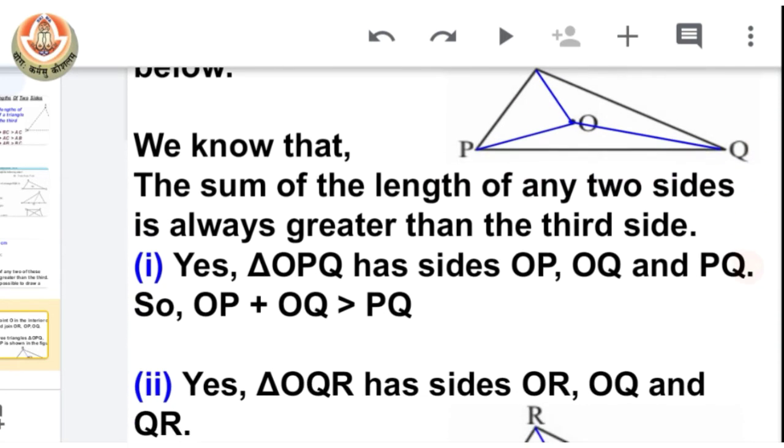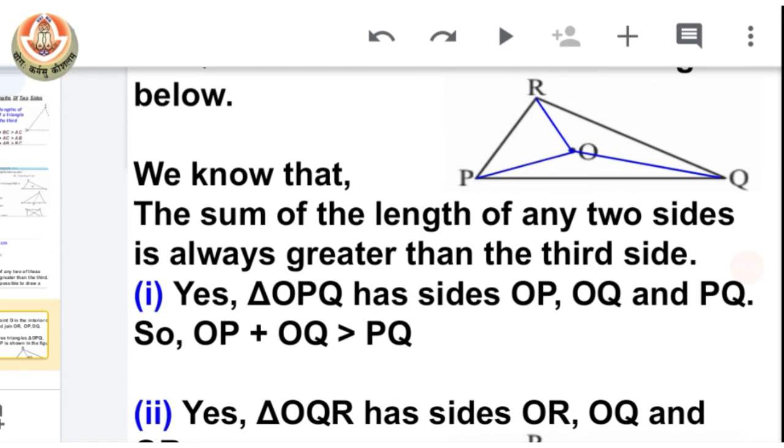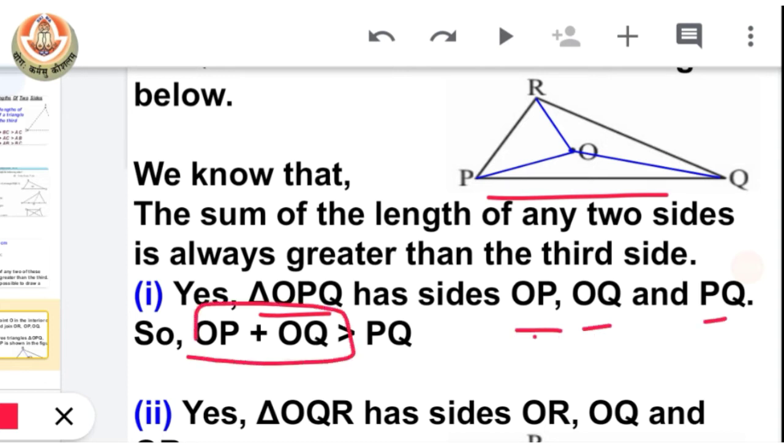Now, we know that the sum of the lengths of any two sides is always greater than the third side. So yes, in the case of this triangle OPQ, with sides OP, OQ and PQ, we can say that the sum of the two is greater than the third one.